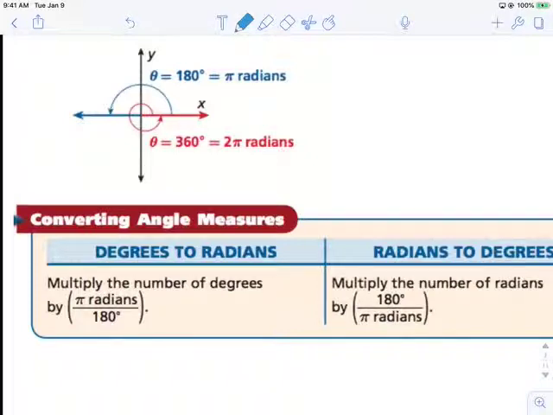If you wanted 45 degrees, then how many radians is that? Pi over 4. Or what if you wanted, let's see, what's another one? 135 degrees. How are you going to find that in radians?